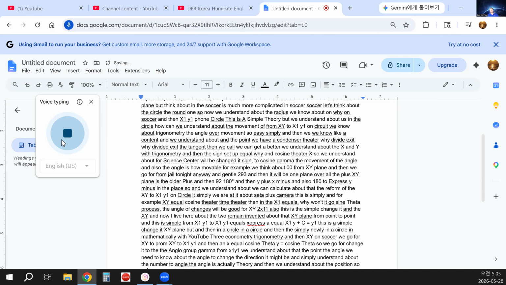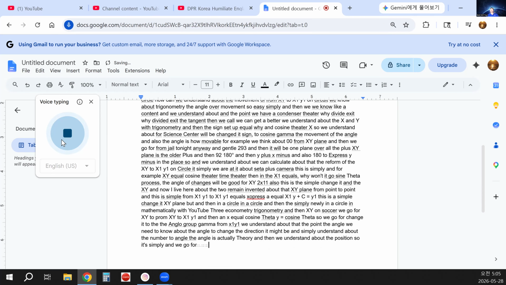So from X, Y to X1, Y1 on the circle, simply we go from cosine theta, sine theta to cosine of theta plus gamma, sine of theta plus gamma. This is the movement of point A to point B on the circle.